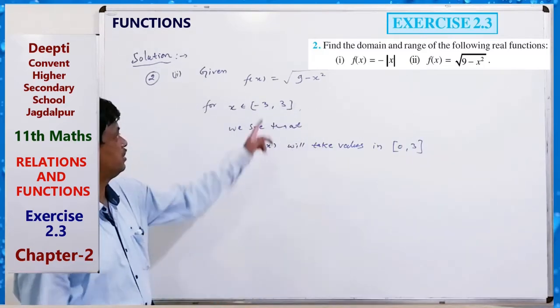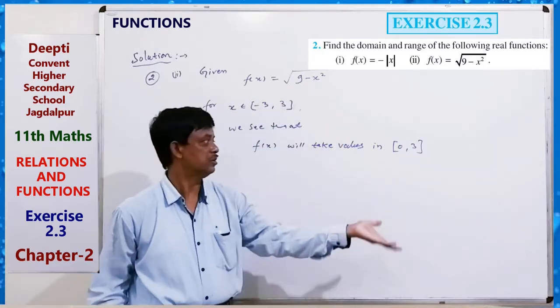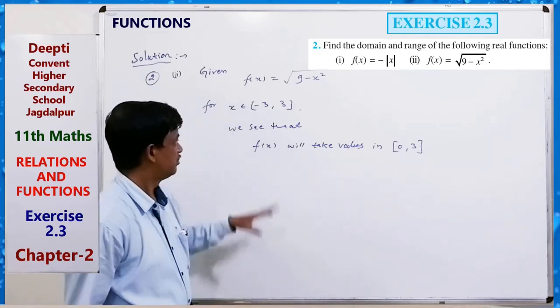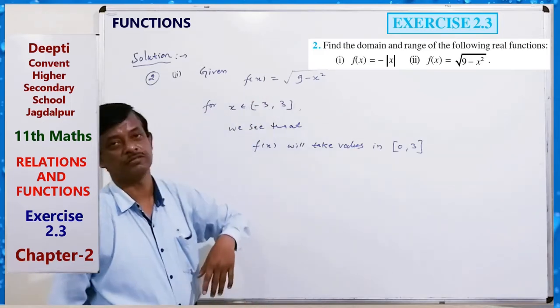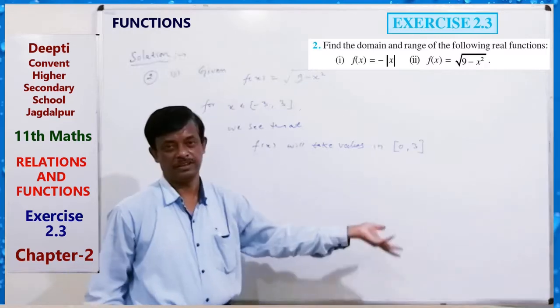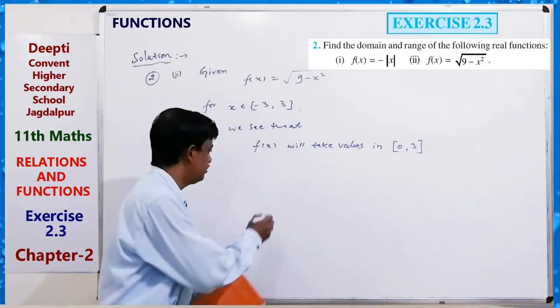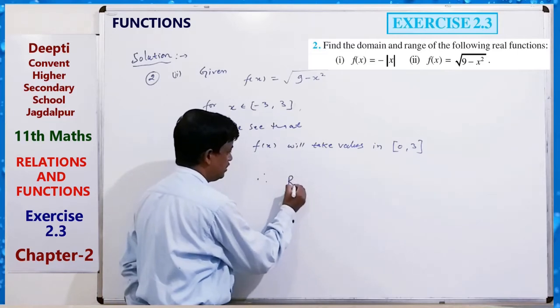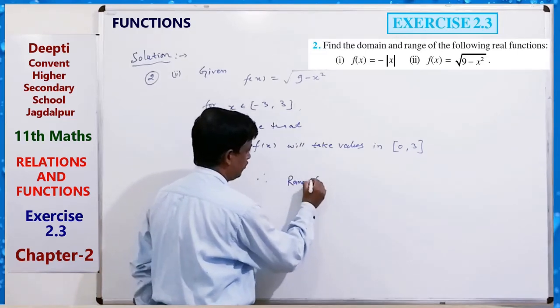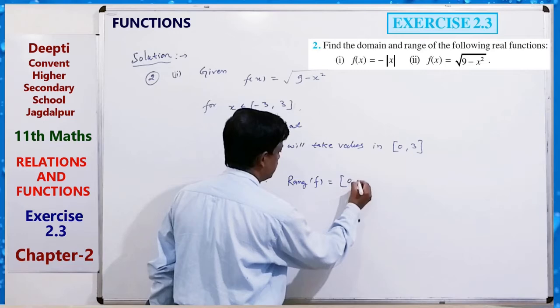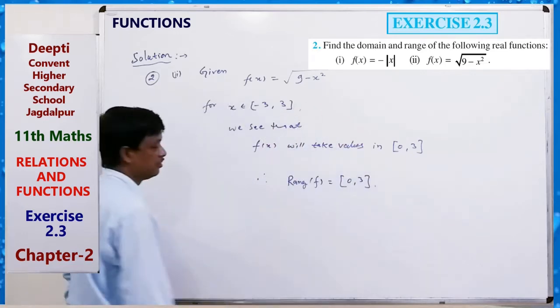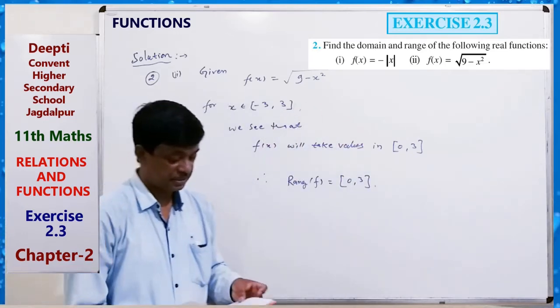If x equals 3, then this is 0. If x equals 0, then this is 3, and the remaining values in between. Therefore, range of f is equal to 0 to 3. Okay, so this was the question.